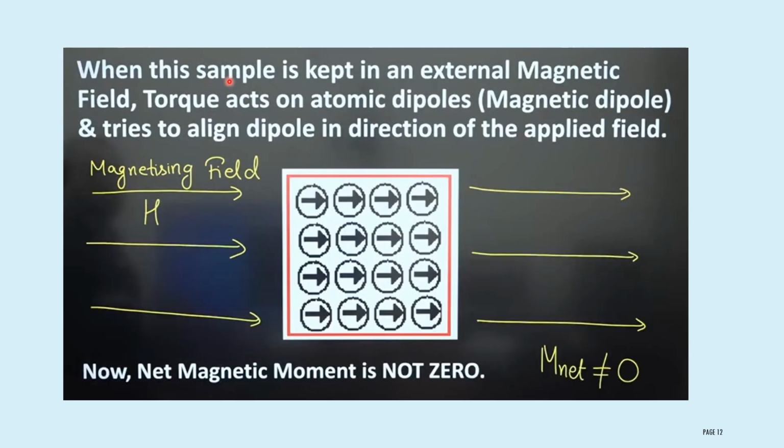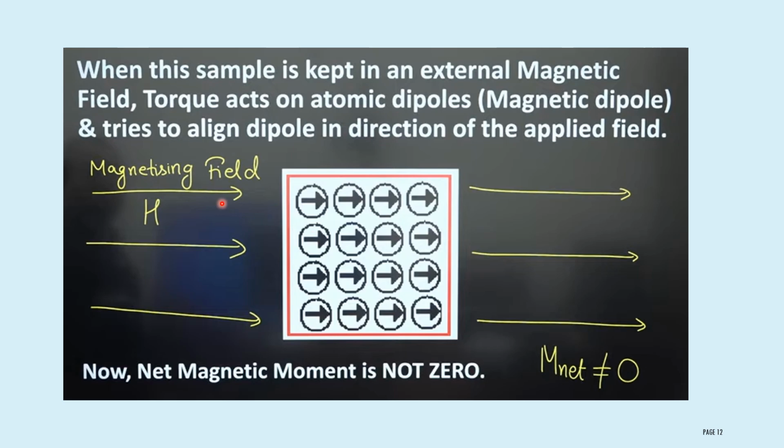When this sample, a paramagnetic or ferromagnetic material, is kept in an external magnetic field, then torque acts on an atomic dipole or magnetic dipole and tries to align the dipole in the direction of the applied field. Already I explained, in the absence of an external magnetic field, the magnetic dipoles will be randomly oriented.